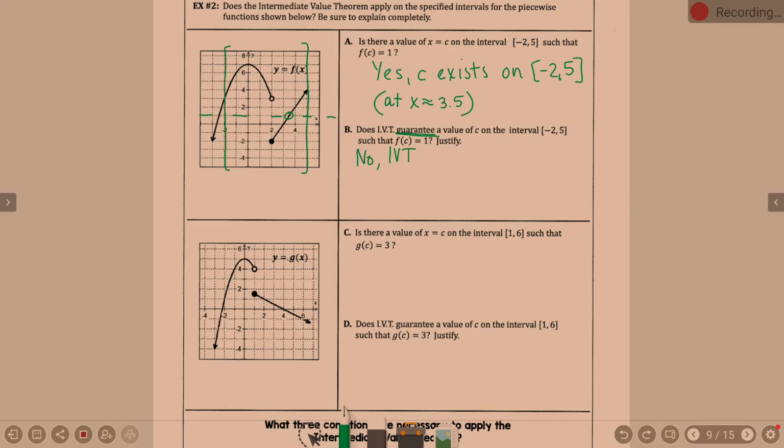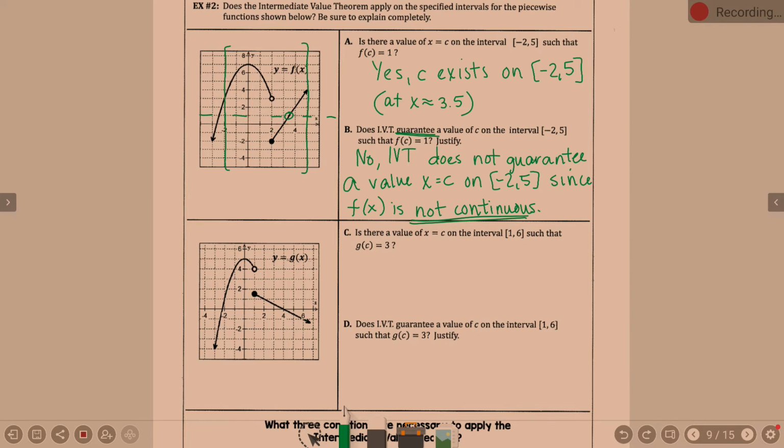So if I use appropriate wording, IVT does not guarantee a value x equals C on negative 2 to 5, and our reason being, since f of x is not continuous. Key being not continuous, right?